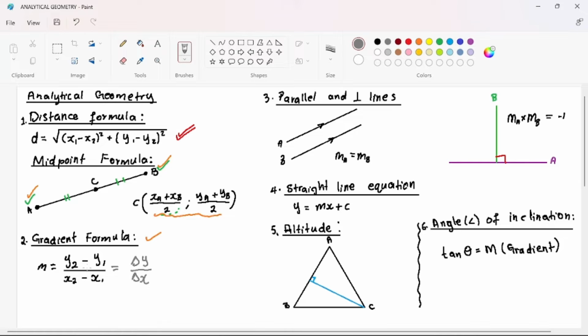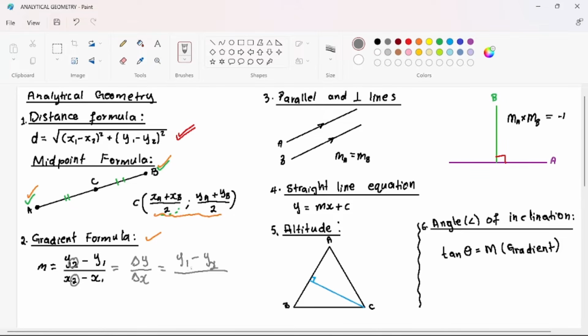So you are going to take, let's say, y2 minus y1, and the rule that you need to follow when you want to calculate a gradient is that if you start with y2 on top, you must start with x2 at the bottom, on our denominator, I mean. You can also write our gradient as y1 minus y2, right?